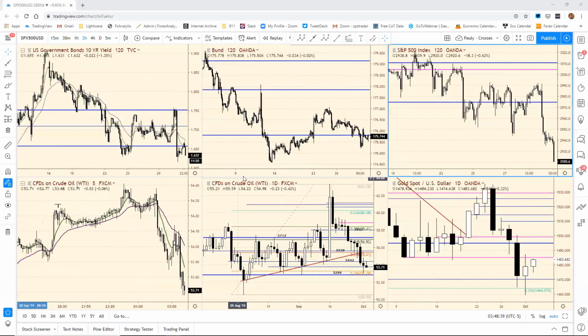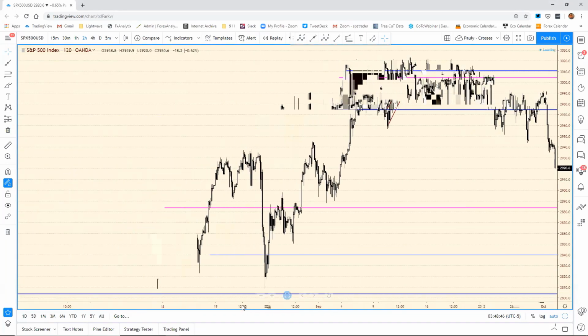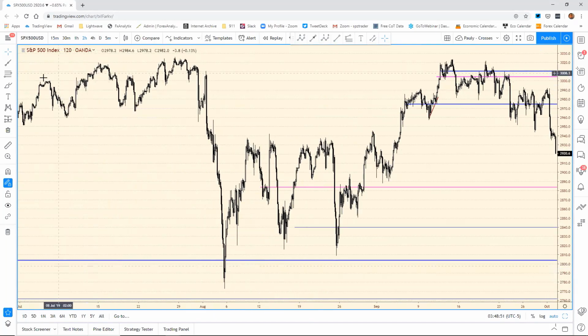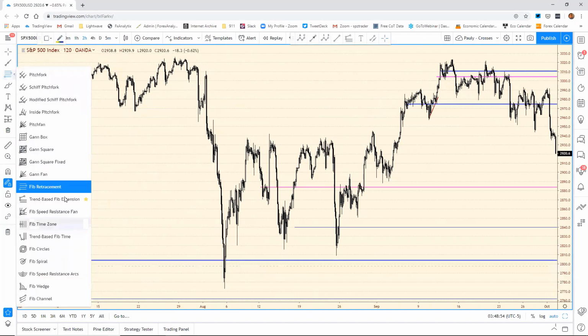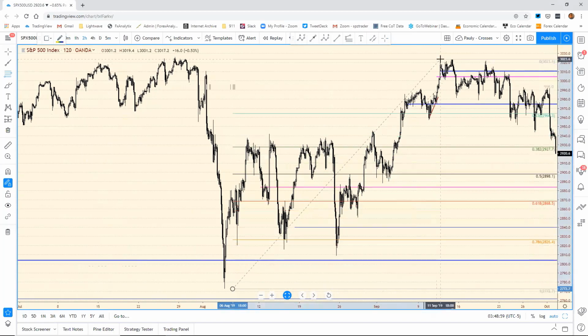With that, let's take a look here at the S&Ps. We've already seen a pretty good pullback here in these S&Ps. Let's take a look here with a fib. We're just past the 38%, and some additional support comes in right there at 29.13.